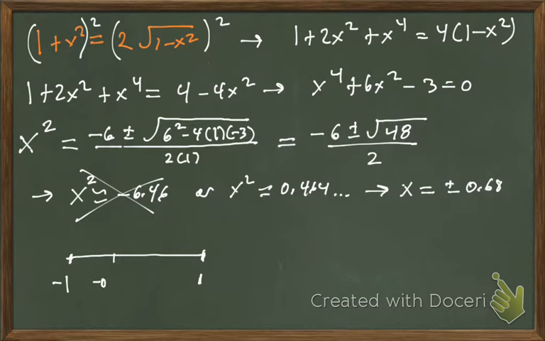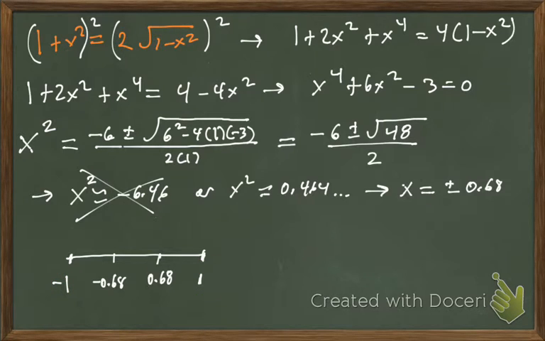And we'll go ahead and draw our number line. Okay, so minus 1 is the beginning of the domain, and then we have two critical numbers, minus 0.68 and 0.68. I guess you can consider 1 and minus 1 critical numbers because the derivative is undefined at those 2 points.